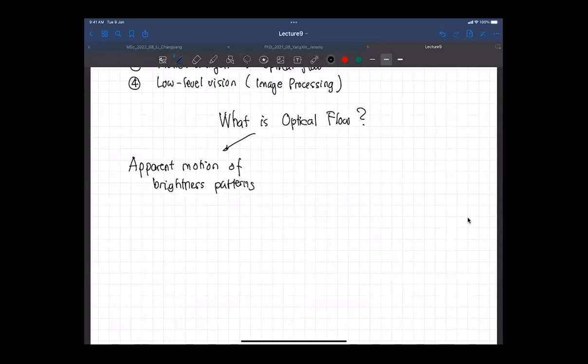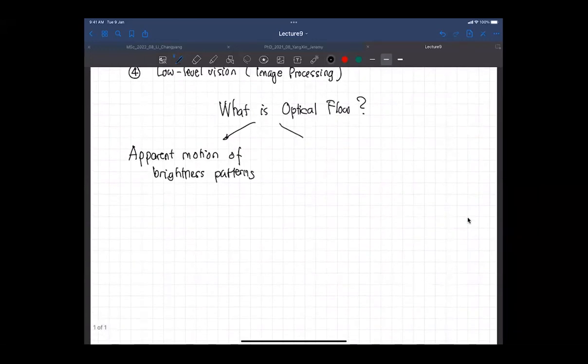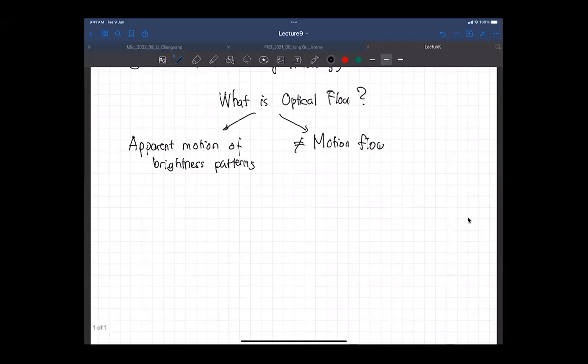And this definition of apparent motion is different from motion flow. So this is not the same as motion flow. I will explain the difference between optical flow as apparent motion and motion flow. I'll give you an example here.